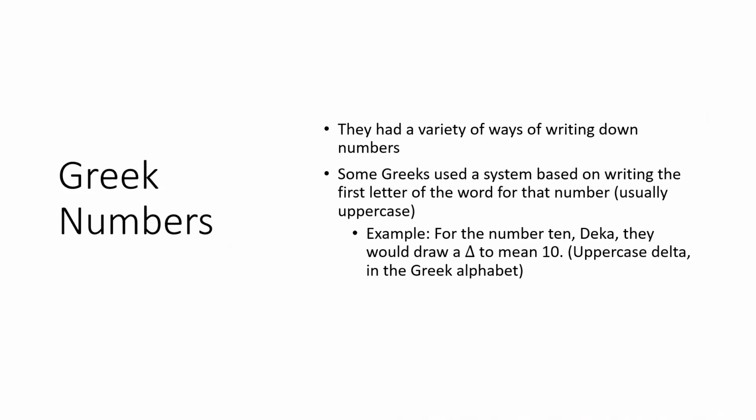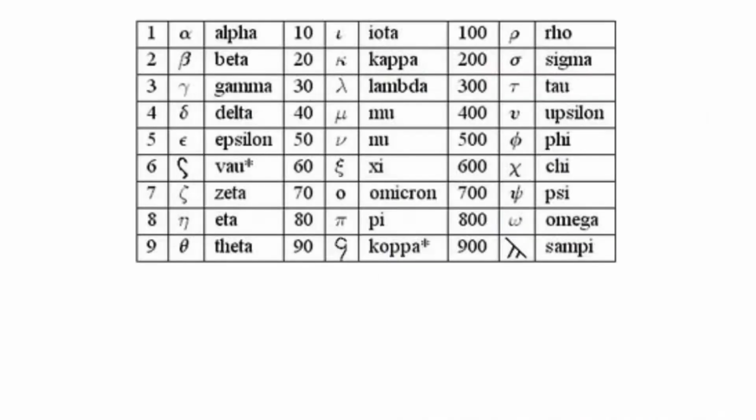That wasn't a thing, right? When they wanted to talk about 10 of something, they might denote it that way. But it isn't the only way, and this is part of the reason that the Greeks studied geometry more than anything else, because this got confusing.